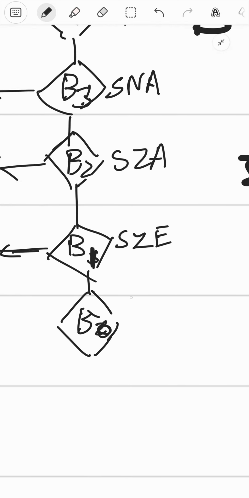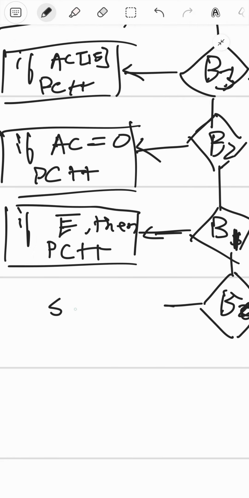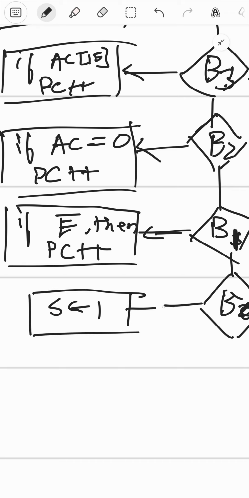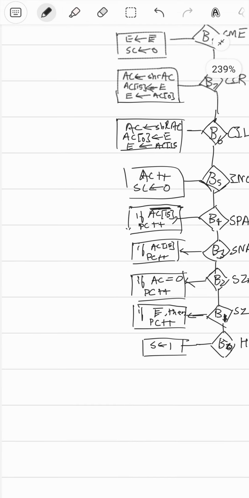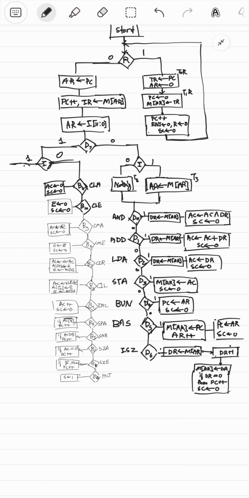So B0 is just the halt operation. So you set S to 1. You don't even care about SC at this point. Once S is 1, just stop. So these are all the operations for the RRA operations.